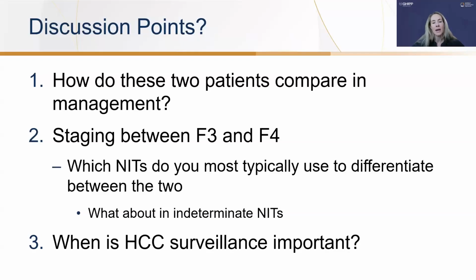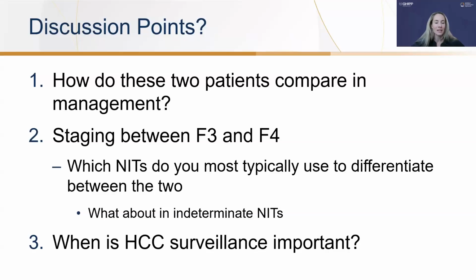And I think the importance of accurate staging is highlighted here in the sense that you wouldn't want to overstage a patient with F3 and then miss the opportunity to provide pharmacologic therapy and potentially halt that progression of fibrosis. But alternatively, you certainly don't want to miss cirrhosis given the high risks for progression and decompensation in that patient population.